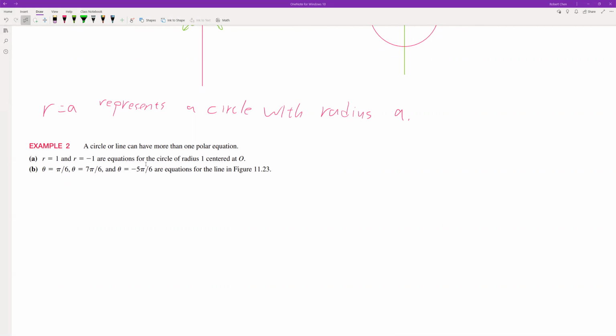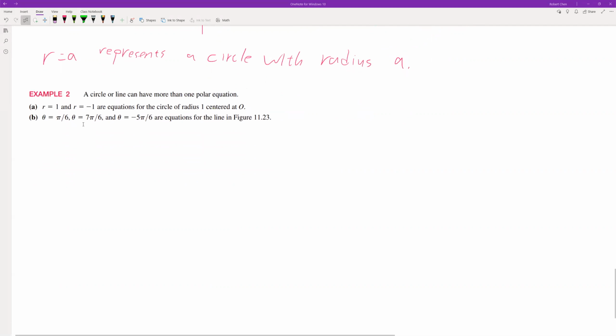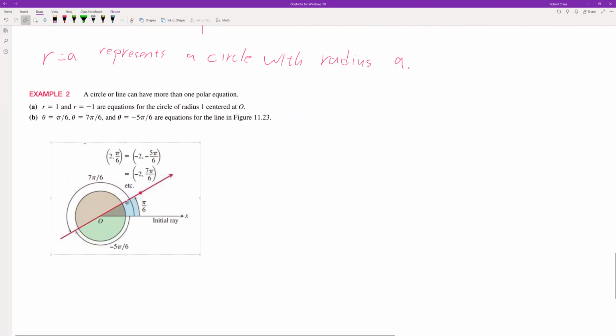And part B, pi over 6, 7 pi over 6, and -5 pi over 6 are equations for the line in figure 11.23, which is this one, what we have here, right? So it doesn't matter how you rotate. If you rotate pi over 6, 7 pi over 6, or -5 pi over 6, you actually will get the same line, right? And notice that in this case, this function does not specify what the radius is. So the radius can be anything that goes through the pole, right?